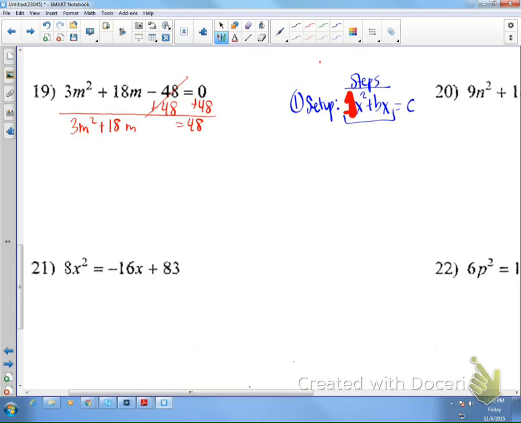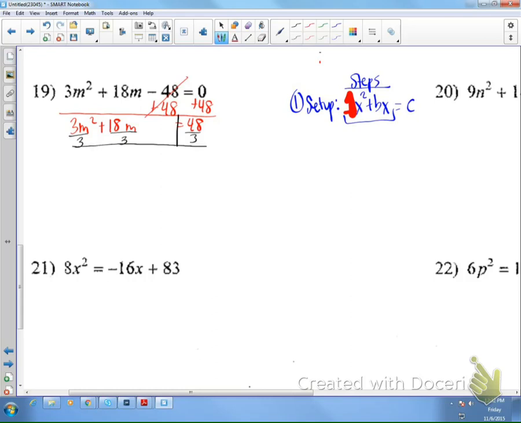Now this is not set up yet. Can anyone see why this is not ready to go? Yeah? It doesn't have a 1m squared. It has a 3. How do we get rid of 3 times m squared? Divide by 3. Sebastian, are you writing? We have to divide every term by 3.